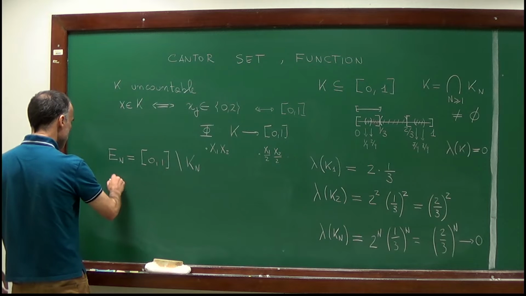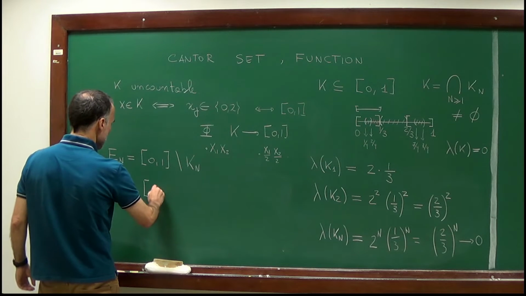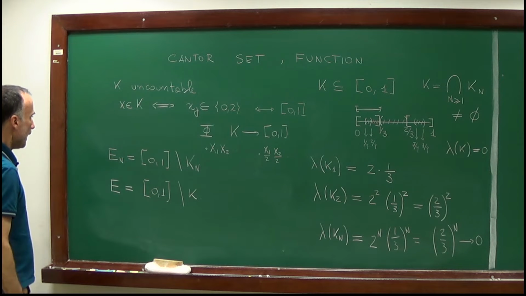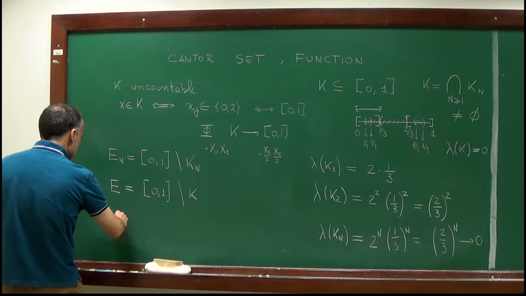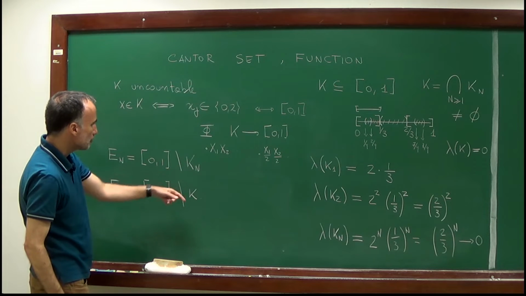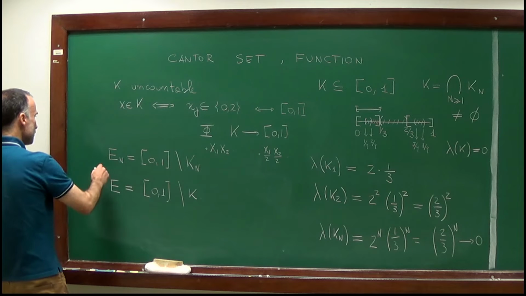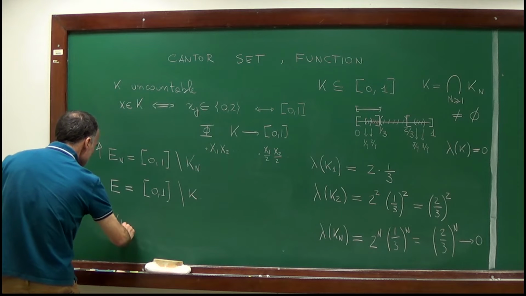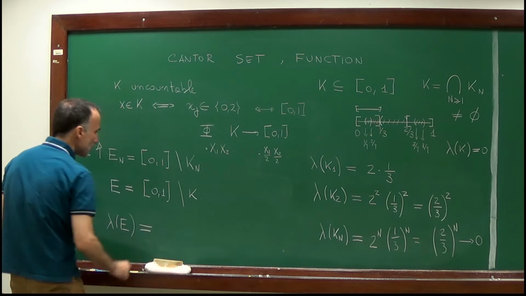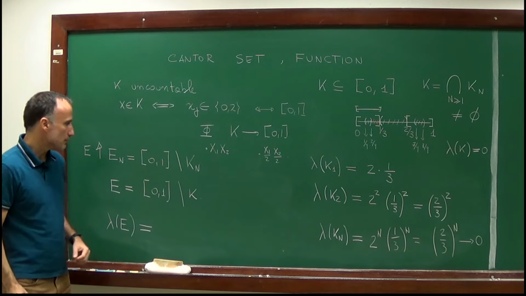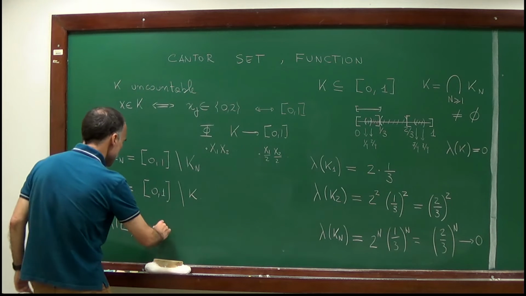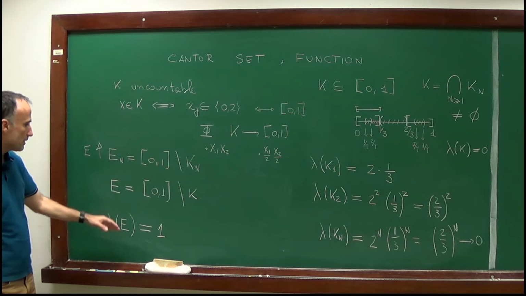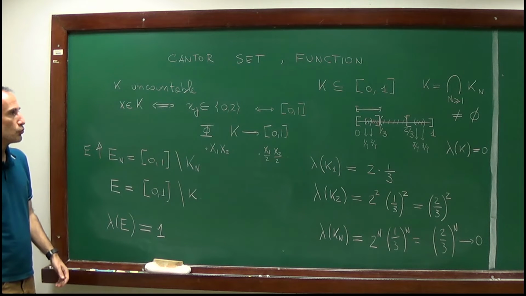Let me take E, which is [0,1] minus K. Since Kn is decreasing to K, this means that En is increasing to E. And lambda, the measure of the set E, is the measure of [0,1] minus the measure of K, but the measure of K is 0. So the measure of E is equal to 1. So the union of these sets En has measure equal to 1.